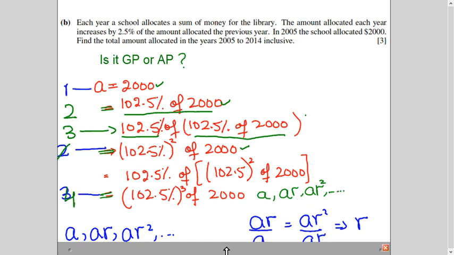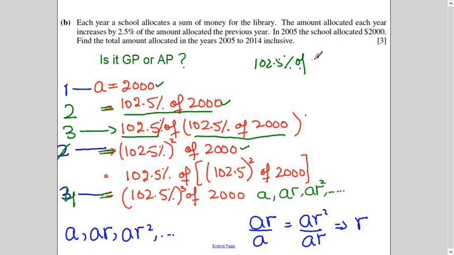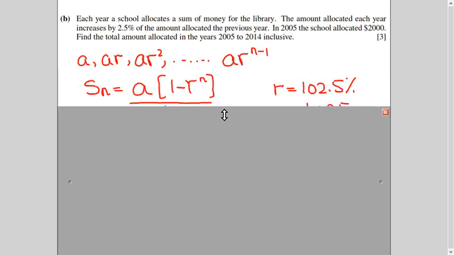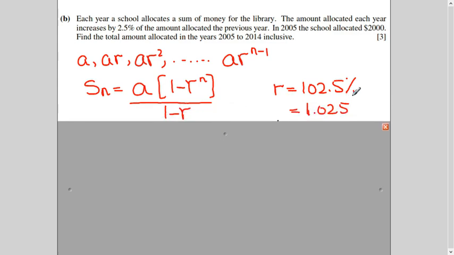So automatically you get that your R is what? R is 102.5%, because if I divide 102.5% of 2000 by 2000, right? If I divide this by this, I will end up at 102.5%. So I get that my ratio is 102.5%. So it is 1.025.